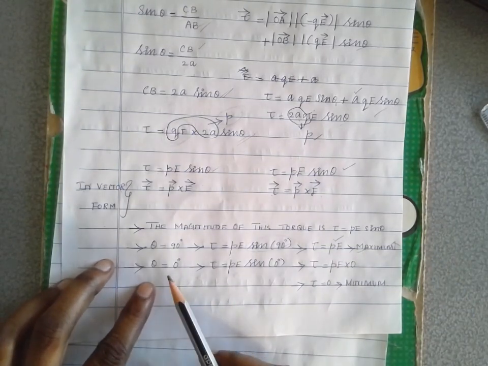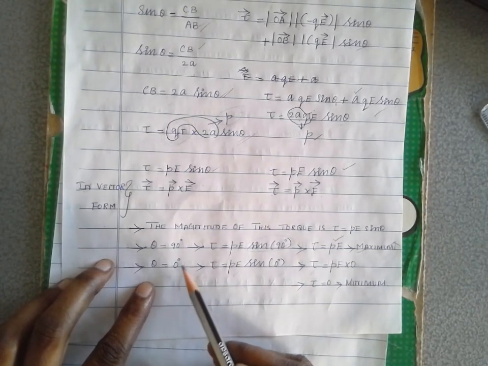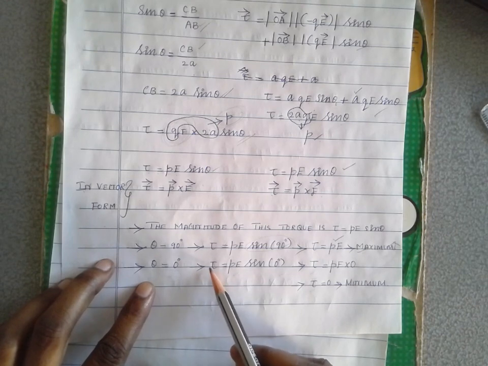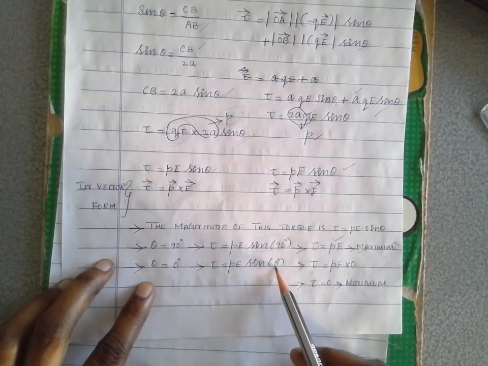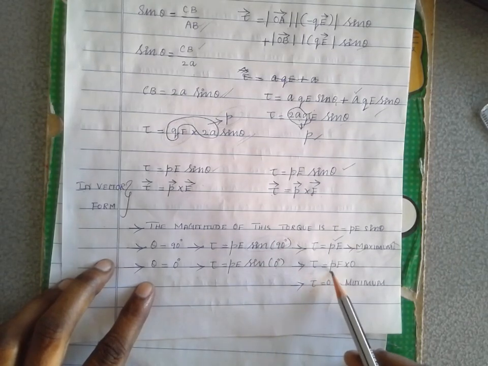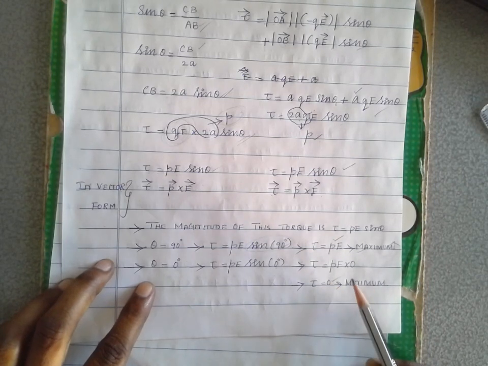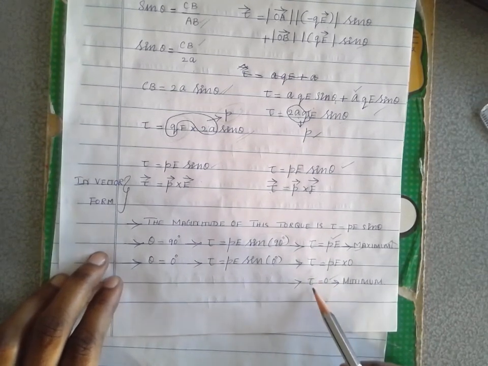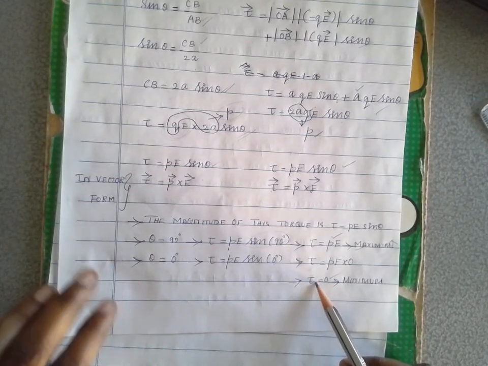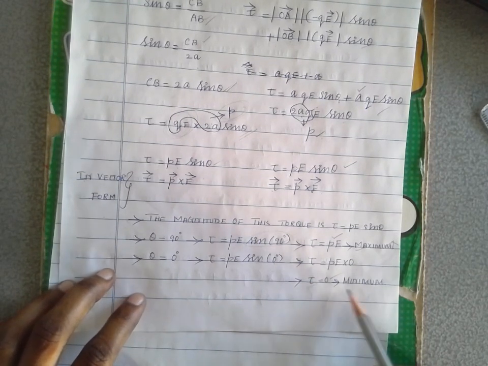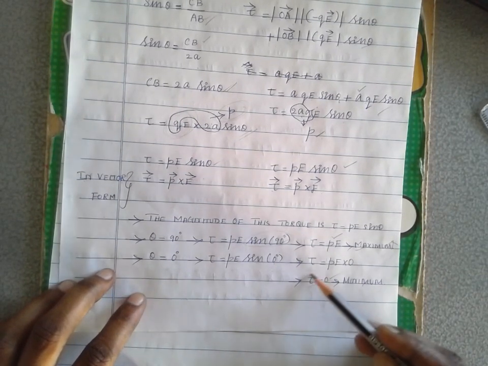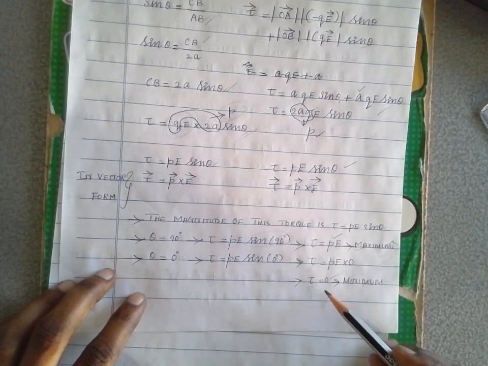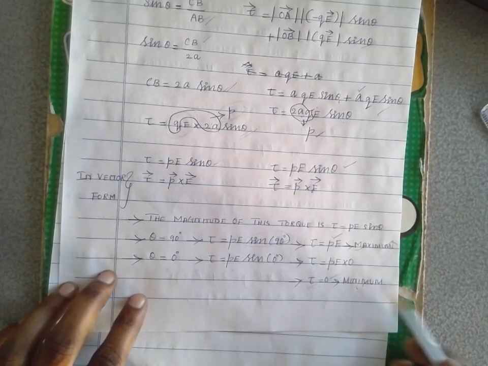At the same time, theta equal to 0 degrees means tau is equal to pE sin 0 degrees, which is 0. That means tau is equal to pE into 0, that is nothing but tau equal to 0. Therefore the torque experienced by that electric dipole is at its minimum value.